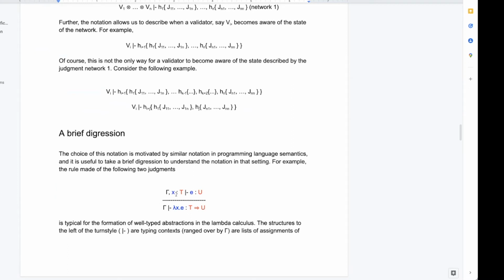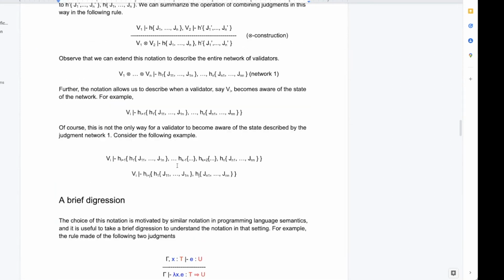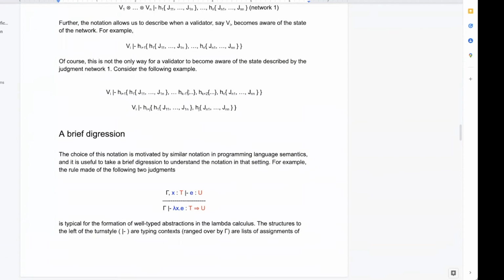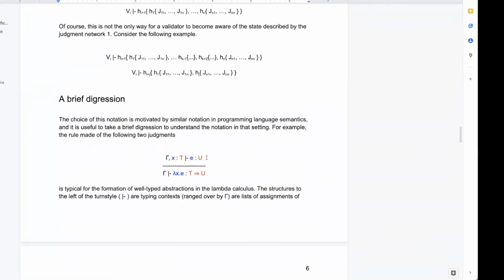The key difference between this rule and this rule here is that there are two judgments being used to form a single judgment here, whereas there's only one judgment being used to form a judgment below. But typically these rules are of the form n judgments on top, a single judgment at the bottom.